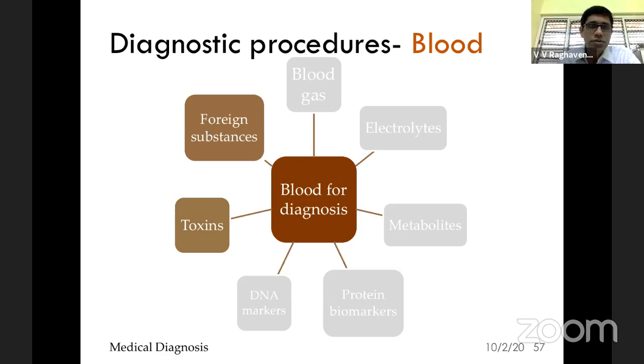So many times these conventional techniques may not really work. For that, you need high-end technologies, and that's where biosensors come into the picture. With that, I would like to stop.